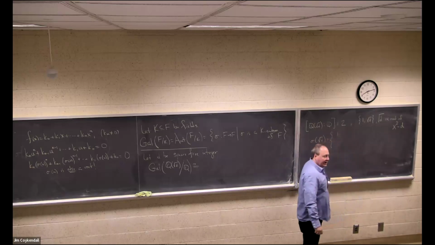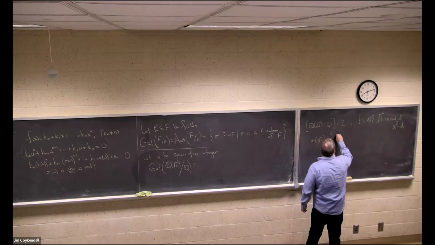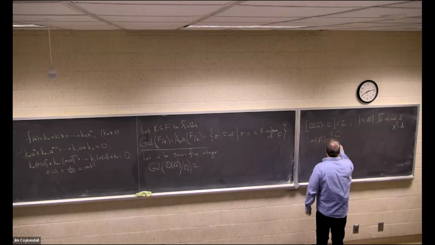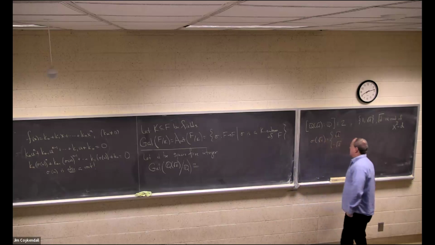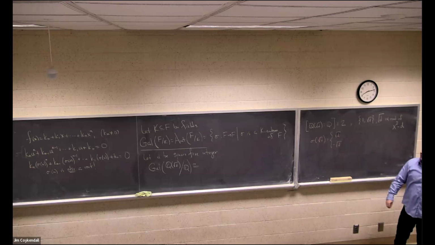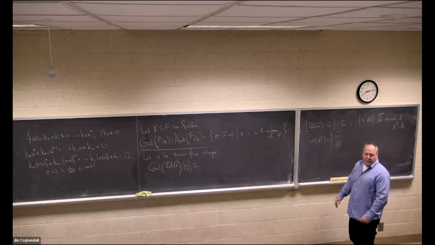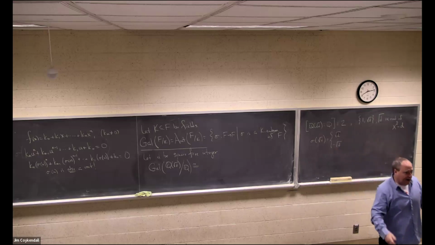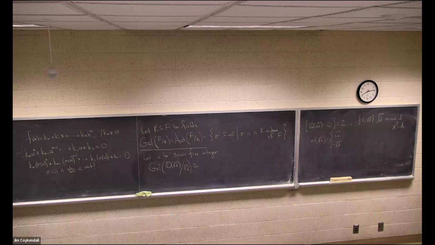Look at sigma of radical D. It can either go to itself, or it can go to the other root. Are these distinct? Yes, because my characteristic is not 2. The first gives rise to the identity automorphism, and we don't need to check anything there. The other is sometimes called conjugation, back in the days when you were rationalizing denominators in high school.